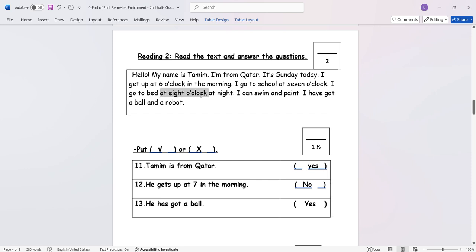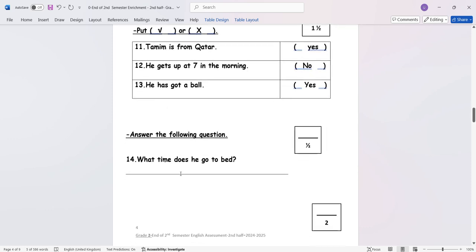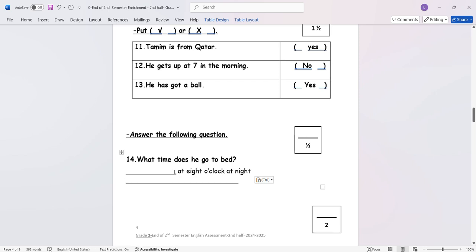At 8 o'clock at night. So we go back to the text, we take the answer, which is at 8 o'clock at night. And then we go back to question number 14 and we write the answer here at 8 o'clock at night.